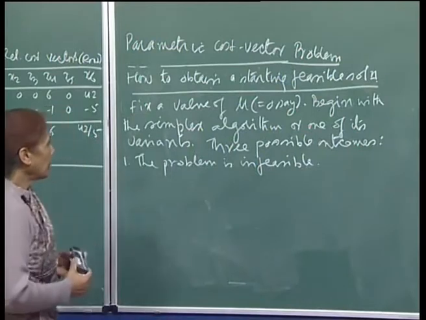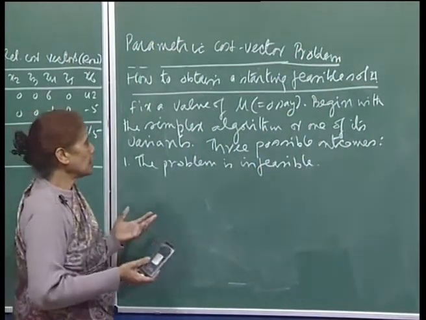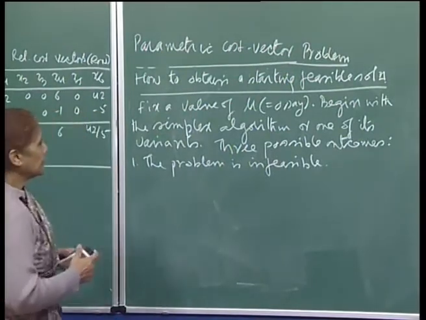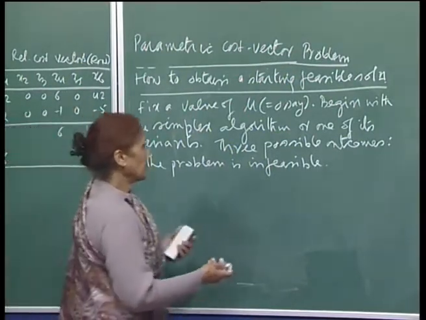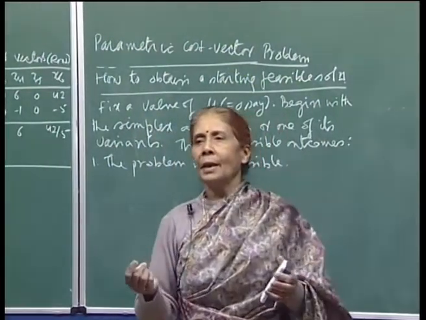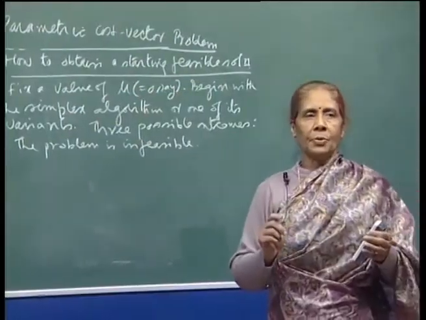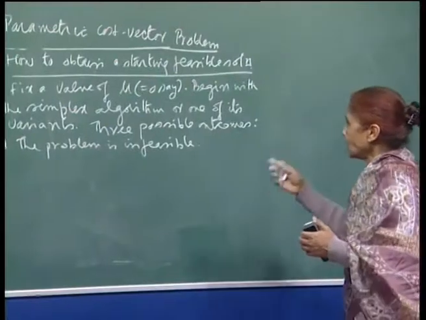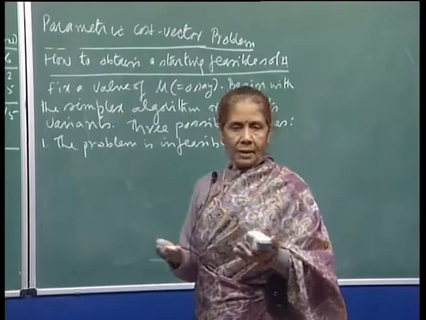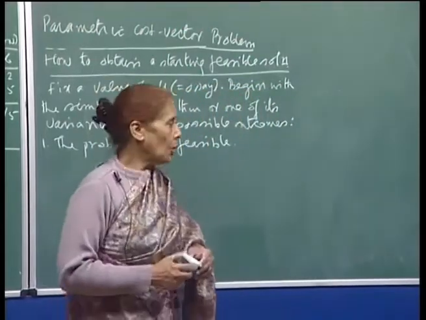Now, remember, I fixed mu, and then I see that the problem is infeasible. It is infeasible because the value of mu has no role to play in the feasibility of the problem. So once, for some value of mu, I encounter infeasibility, then the problem is infeasible for all mu.